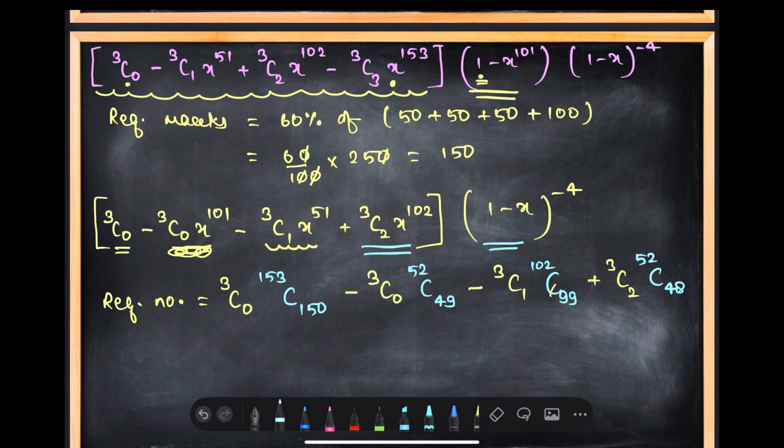I think we made a mistake over here. Okay, so it is 47. No, here it was correct, there I am making a mistake. So it is 47, so it is 53. Okay, so you have to solve this thing to get the required result. I hope the idea is clear.